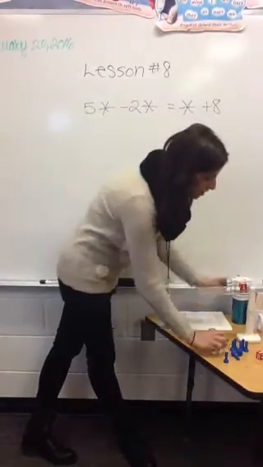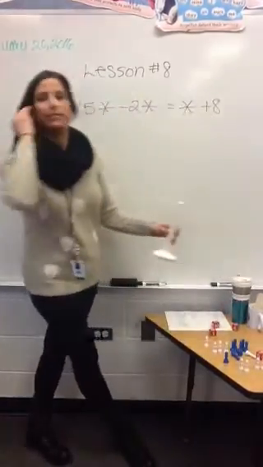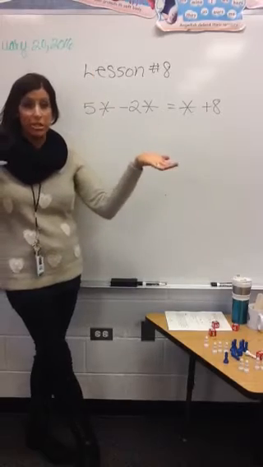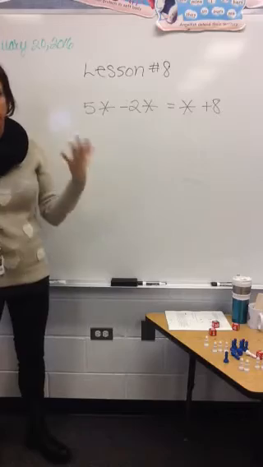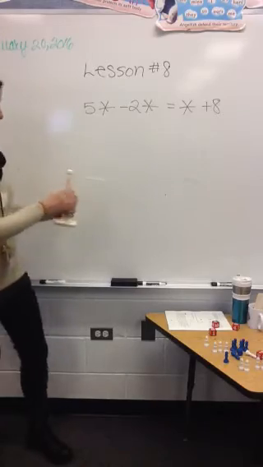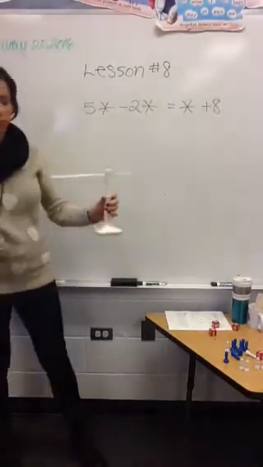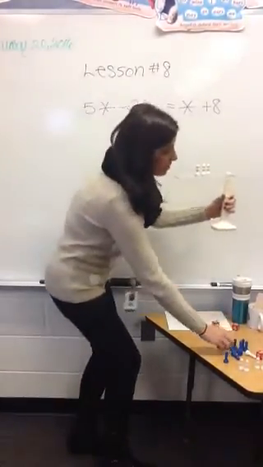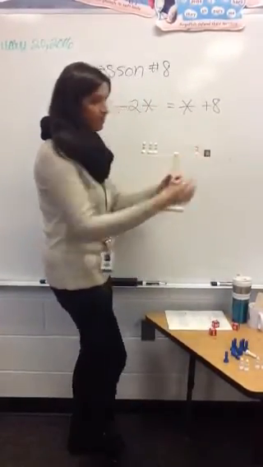So again, when we had our blue pawns or our X's, we learned this legal move that you would do the subtraction in the setup. That is the same procedure that you follow if you're using stars. So when it says 5 star minus 2 star, how many stars should we be left with on the left side? 3. So we're left with 3 stars on the left side, and then equals star plus 8.